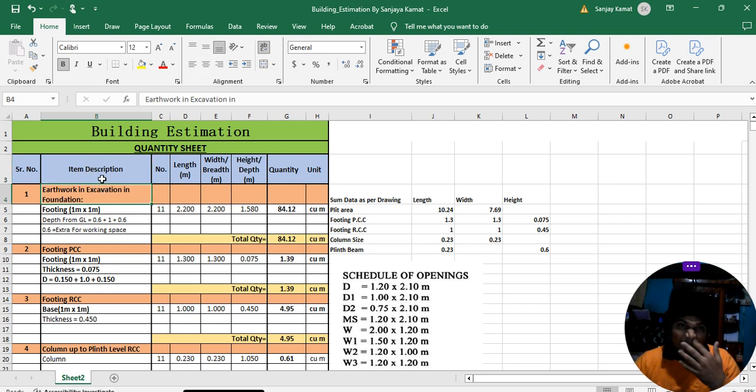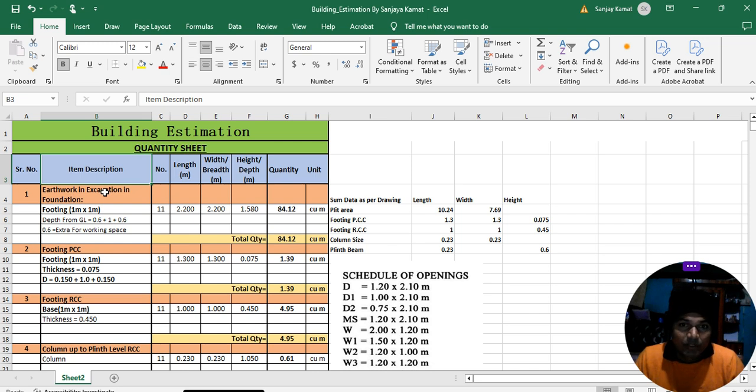Let's say the client wants to build 8 rooms, and then 1 bathroom, 1 kitchen and 1 veranda. To construct all of that, we have to dig to the depth of the footing.